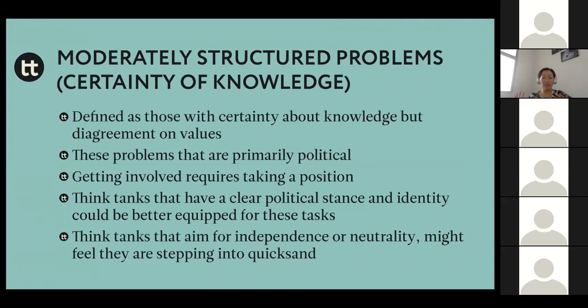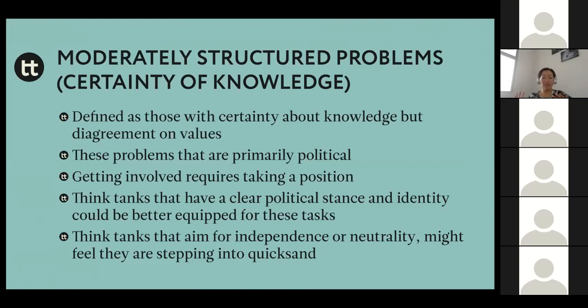So the last type of problem is a type of problem where there is certainty around knowledge, but we lack agreement on the values or the norms. These problems are primarily political.